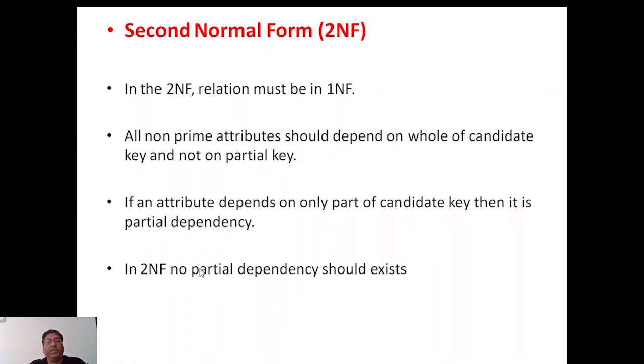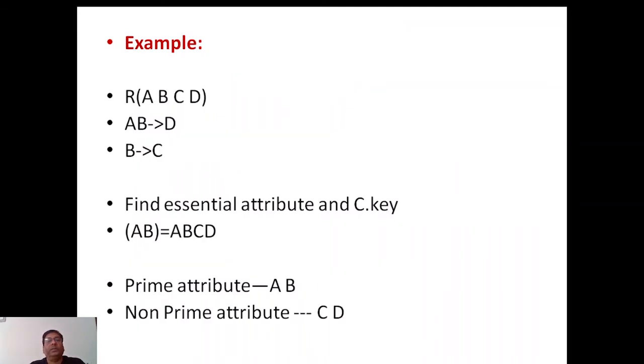And if there exists partial dependency, then we say your relation is not in second normal form. So there are many new terms that we come across over here, called prime attribute, non-prime attribute, partial key, partial dependency, and all. Let's try to understand all these terms with an example.